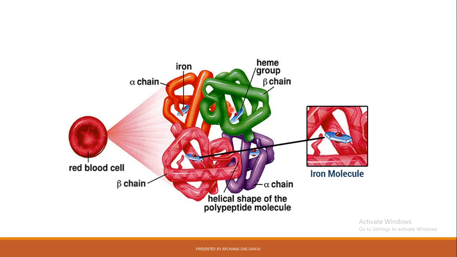Each of them has one iron heme group. That is why hemoglobin. Now, in people who suffer from thalassemia, the formation of the alpha chains will be affected, or the beta chains will be affected, or in some very severe cases, both alpha as well as beta chains might be affected. So, what happens? The structure of the RBC gets distorted.